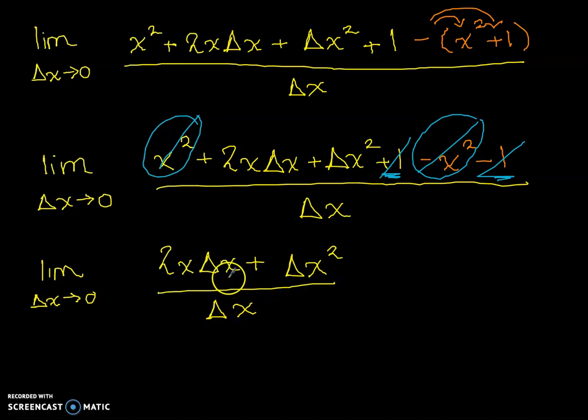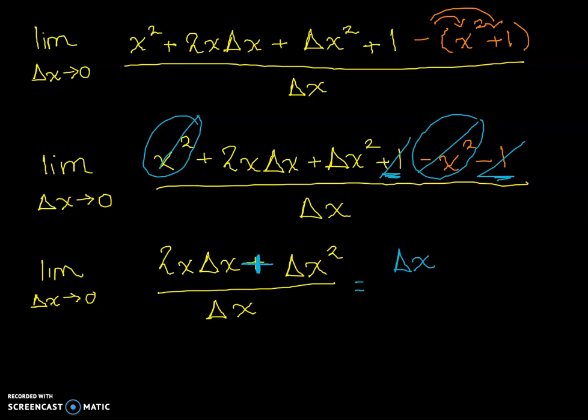Now remember I told you in the last example, this is not a thing. You can't just cross out. If you can't factor it out, you can't divide it out. So factoring means if you have a plus or minus sign, the terms are separated, you should be able to factor in order to divide out. So notice that both of these have at least a delta x. They do have a GCF.